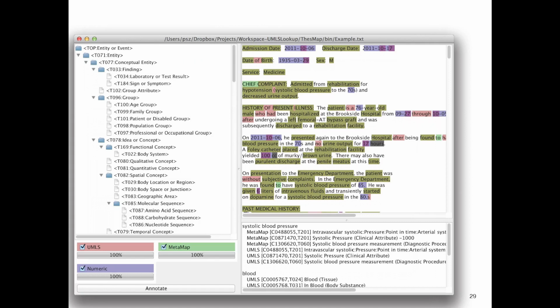This is using a tool called MetaMap, which again comes from the National Library of Medicine, and a locally built UMLS lookup tool that in this particular case finds exactly the same mappings from the text. And so you can look through the text and say, okay, so "no" indicates negation, and urine output is one of these concepts. If you moused over it, it would show you.